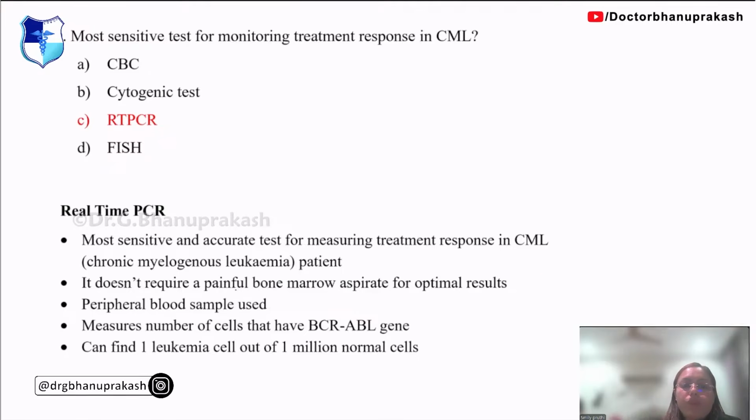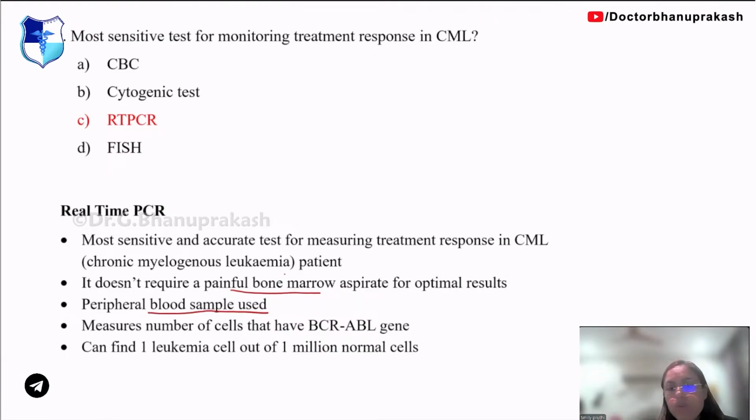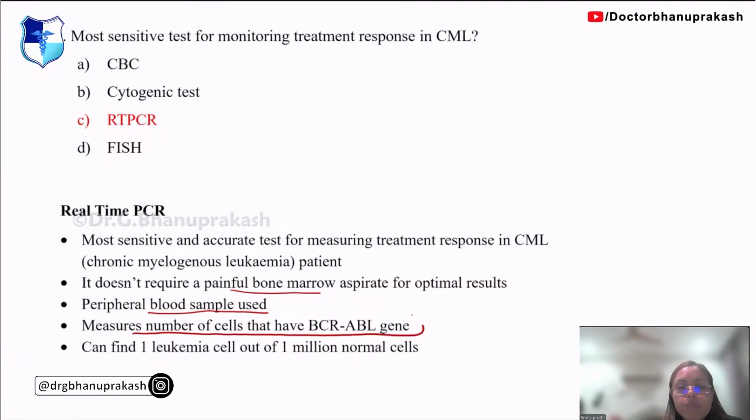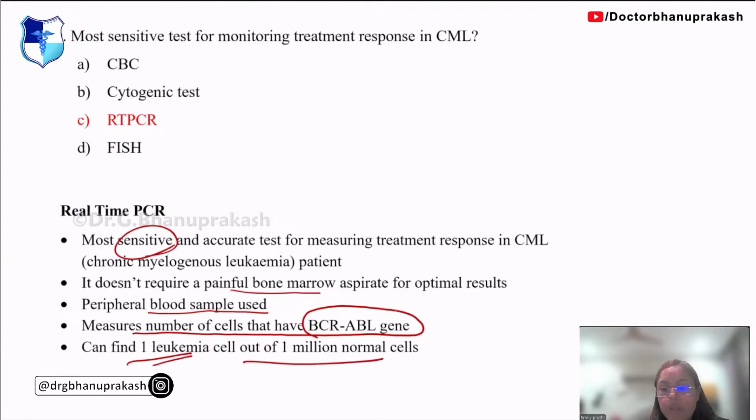It doesn't require a painful bone marrow aspirate. Only a peripheral blood sample is used, so it's very easy to obtain. It measures the number of cells that have the BCR-ABL gene. It is so sensitive that it can find one leukemia cell out of 1 million normal cells. So real-time PCR is very sensitive and accurate.